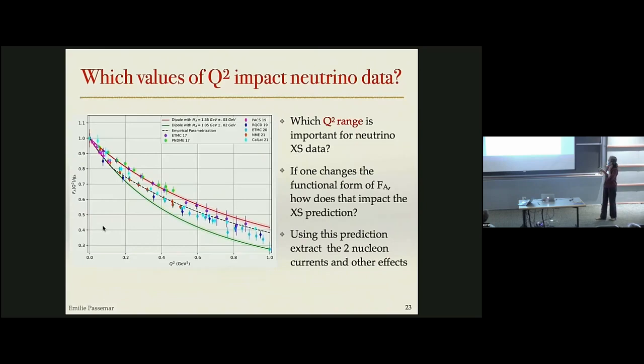The question we want to address is which Q-squared range is important for neutrino cross-section data. If one changes the functional form of the axial form factor, how does it impact my cross-section prediction? And then using this prediction, we can see what should be the size of the two-nucleon currents and other nuclear effects that we also need to understand this problem.